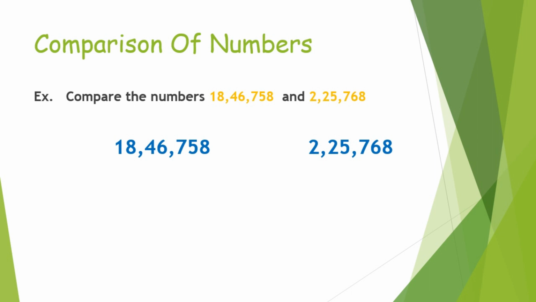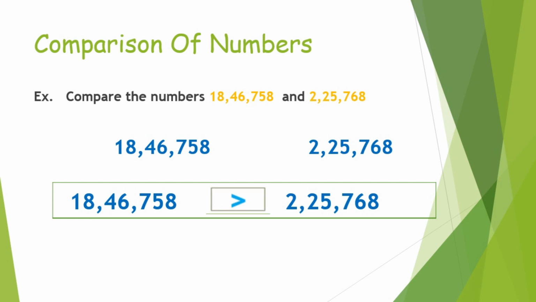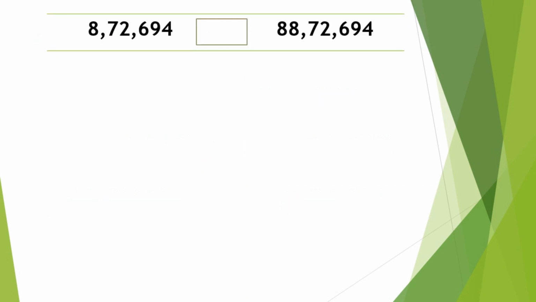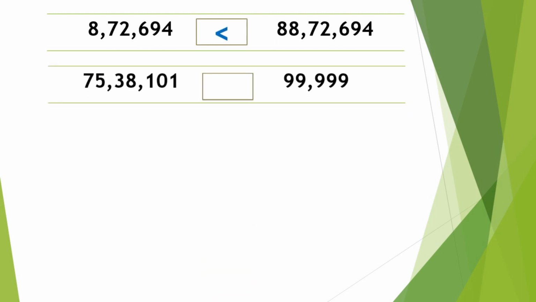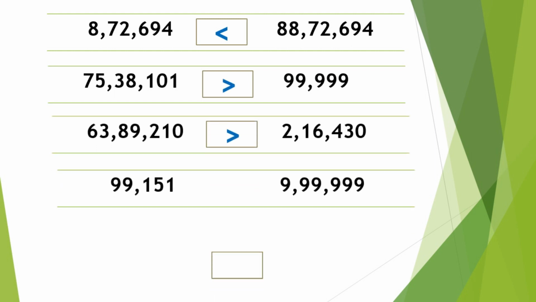Now first count the number of digits and you will come to know that the first number 18,46,758 is greater than 2,21,768. Now here I have given a lot of examples for practice, and by seeing these examples, you will be able to understand which number is the greater number.